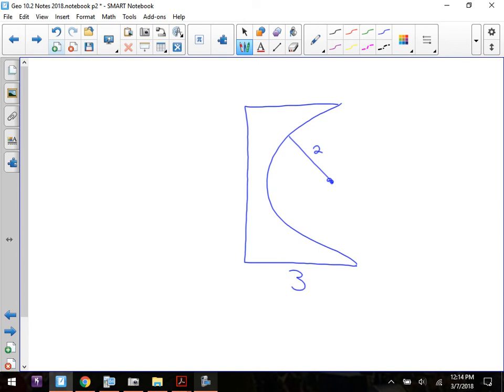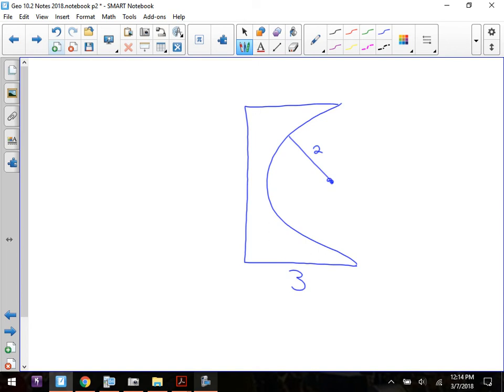If you look at this one, besides the fact that it's horribly drawn, one of the things you'll notice is that you have a rectangle and a semicircle cut out of it. You all right with that?